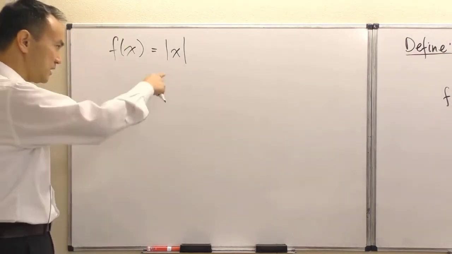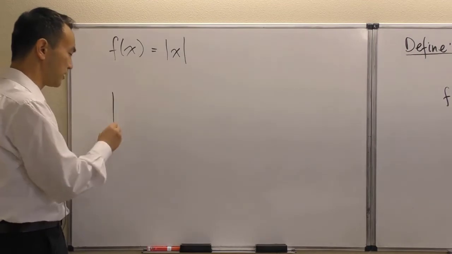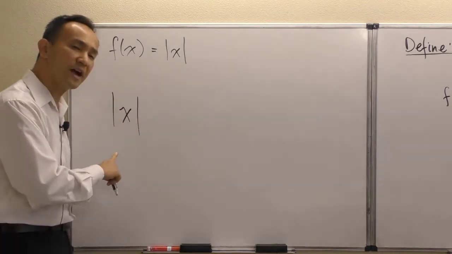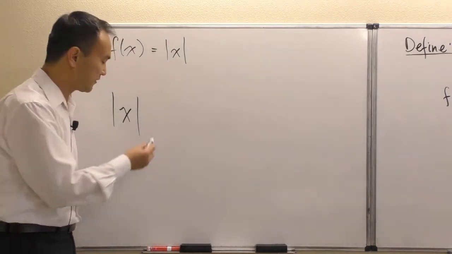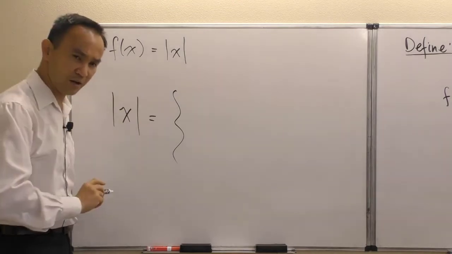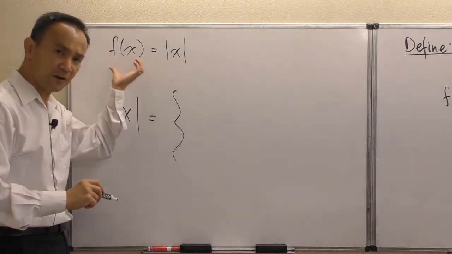But this function here, now if we're having a look a little more carefully, the absolute value of x itself right here, we learned from our prerequisite course that absolute value of x on its own is generally the rule for this function.